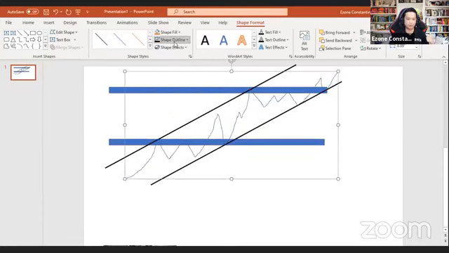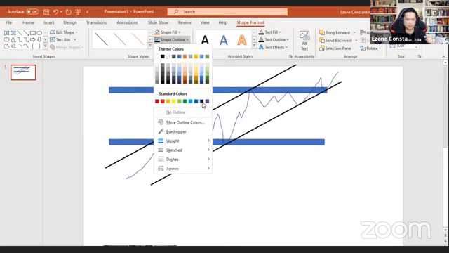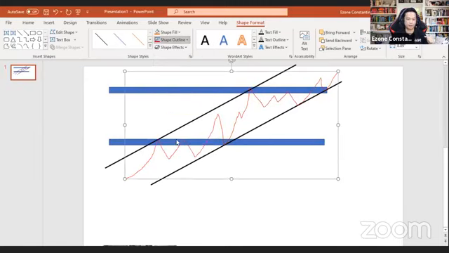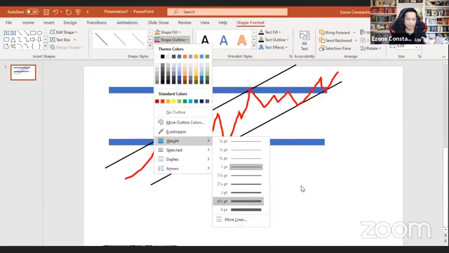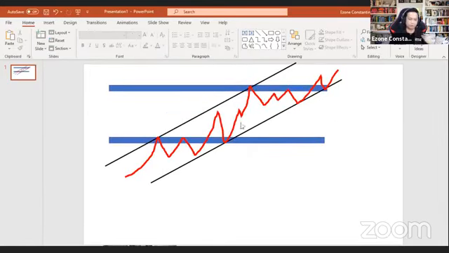Hold on, I'm going to show you guys. How many of you can see? Now we managed to do the trend line, and you also managed to do a confluence zone here.